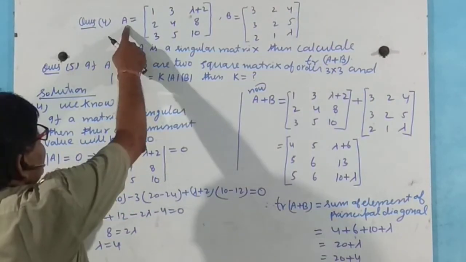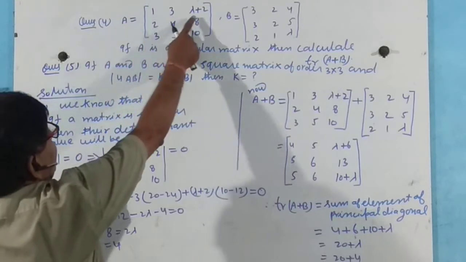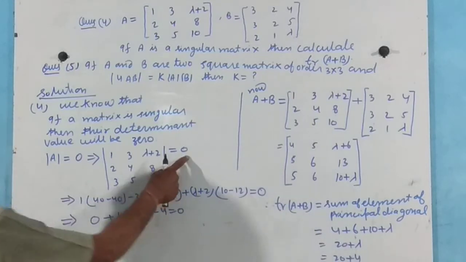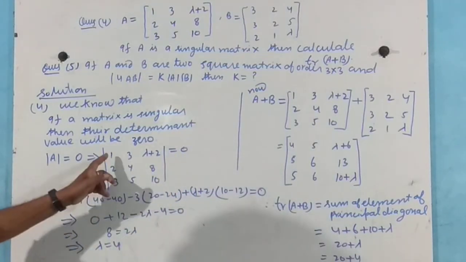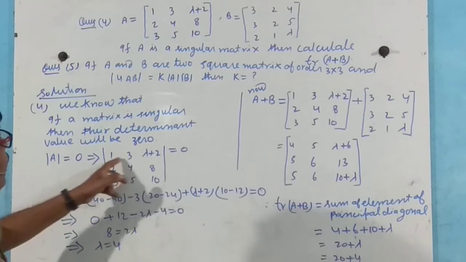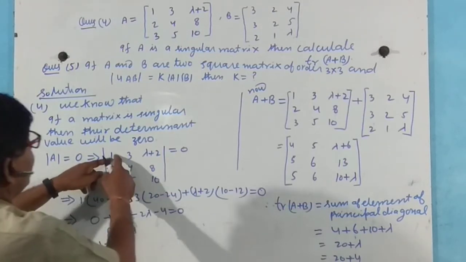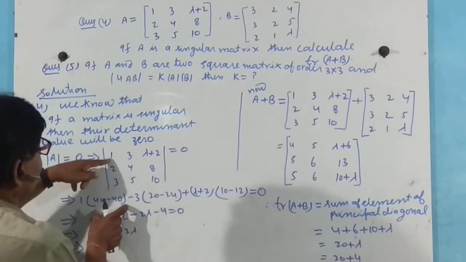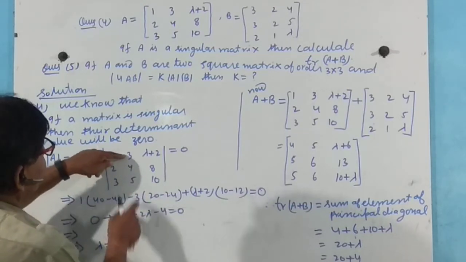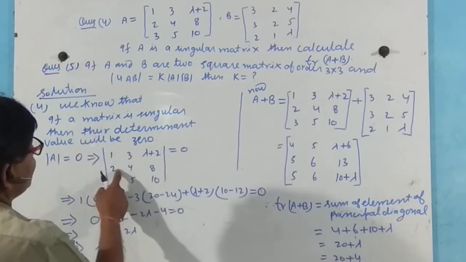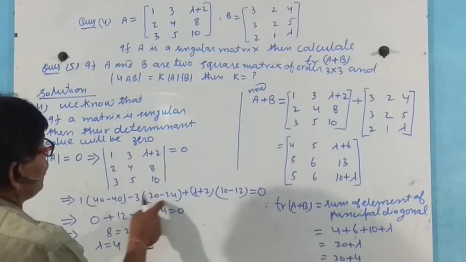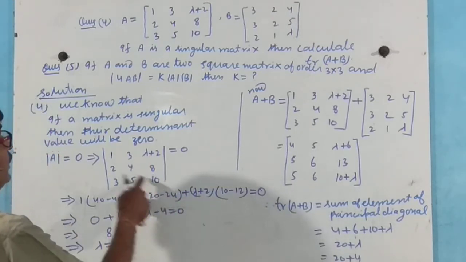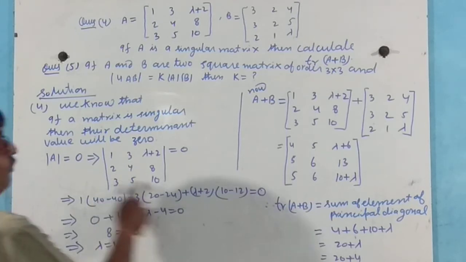So determinant A equal to 0 means the matrix with rows 1, 3, lambda plus 2; 2, 4, 8; 3, 5, 10 equals 0. Expanding with respect to the first row: 1 times (10 times 4 minus 40), minus 3 times (20 minus 24), plus lambda plus 2 times (10 minus 12).